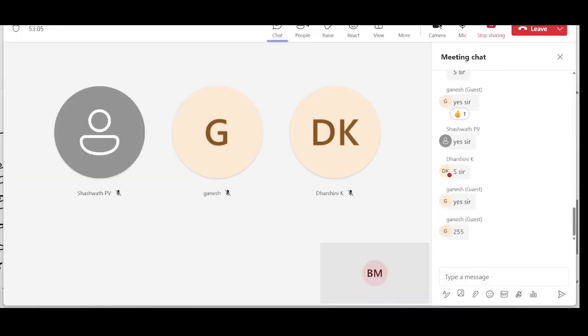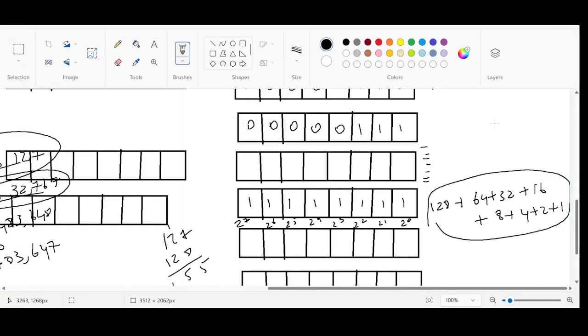Yeah, 255. So 255 potential values that we can store. With the help of 8 bits, we can store 255 values. So directly if I have a number like 255, I am good to choose the byte data type.